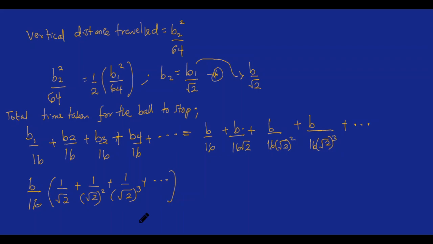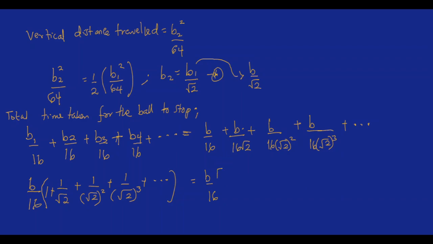And since the common ratio is less than 1, we can find the sum to infinity of this, so we can get the value of the time at infinity where the ball stops. Oh, sorry, there's a 1 missing here, because when we factorize b over 16 out, there should be a 1 there. So this becomes 1 plus this.